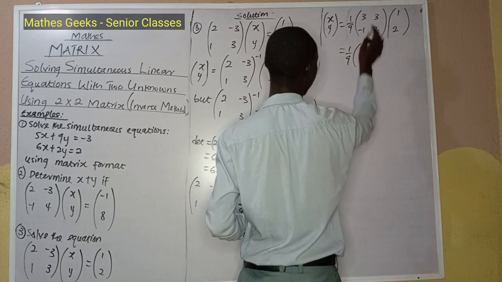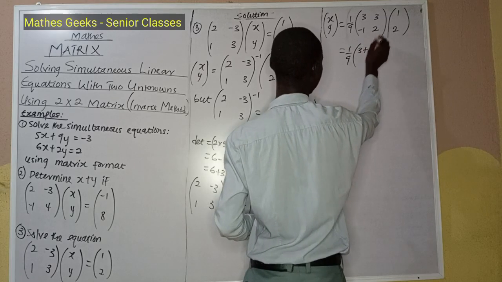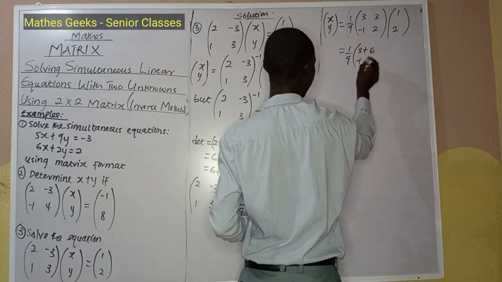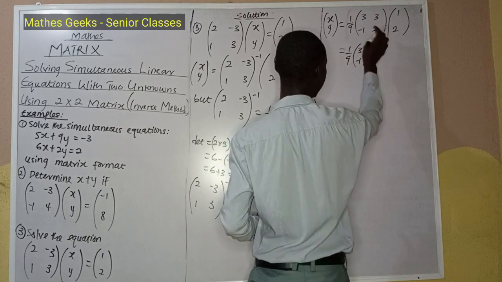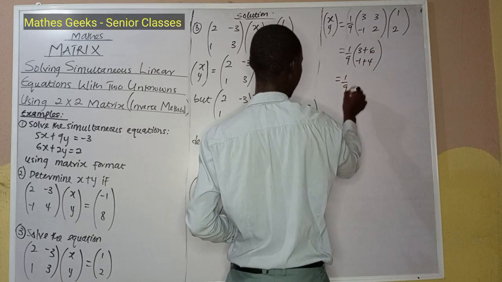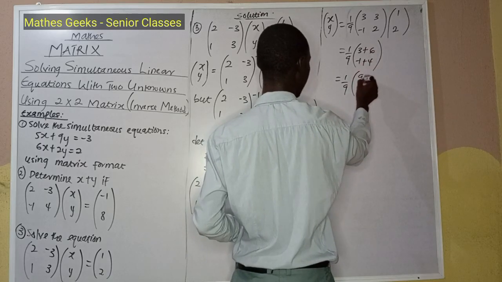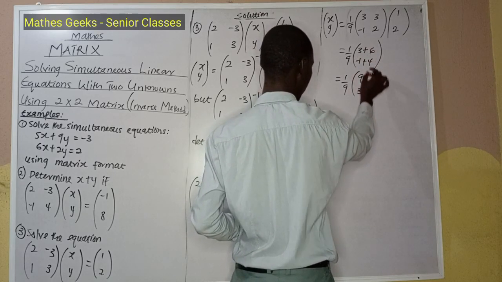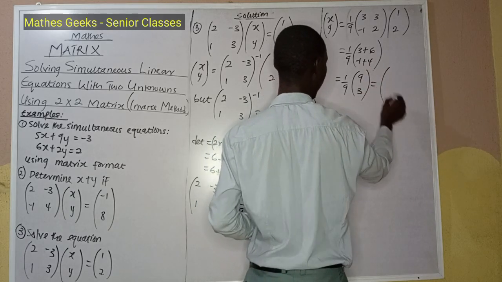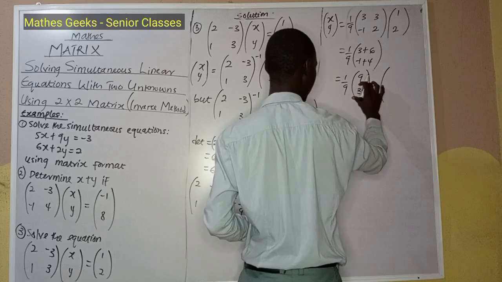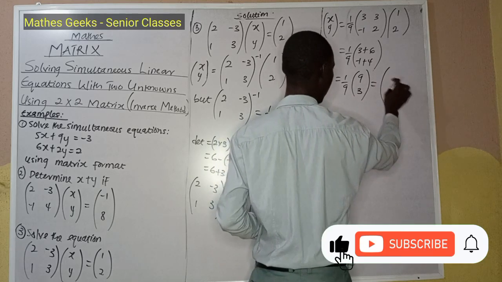1 over 9, 3 times 1 is 3 plus 3 times 2 is 6. Minus 1 times 1 is minus 1 plus 2 times 2 is 4. 1 over 9, 3 plus 6 is 9, minus 1 plus 4 is 3. Since it's a scalar, you multiply it by the entries in this matrix.